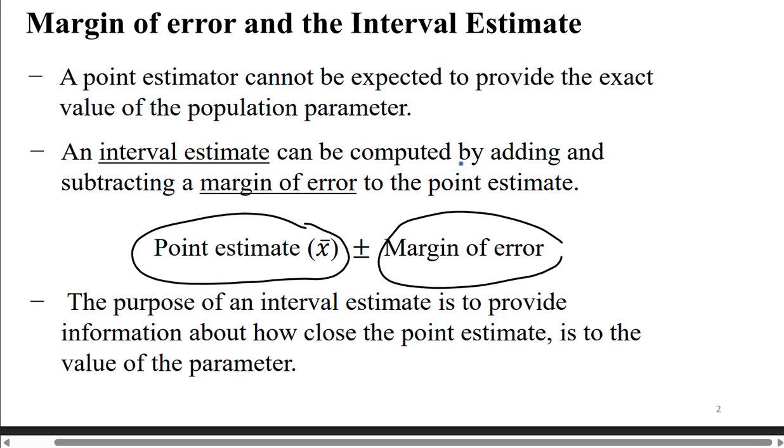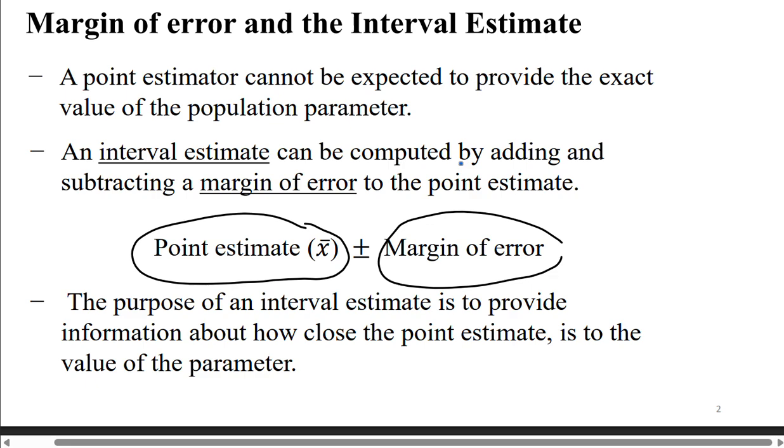You see, most of the time, because it's super difficult to find a population average, what we do is we use the point estimate. We use our sample average, but our sample average cannot provide us with the exact value of the population average.